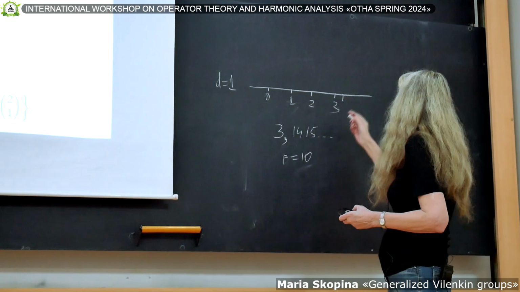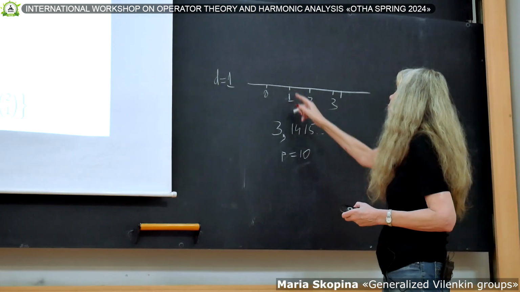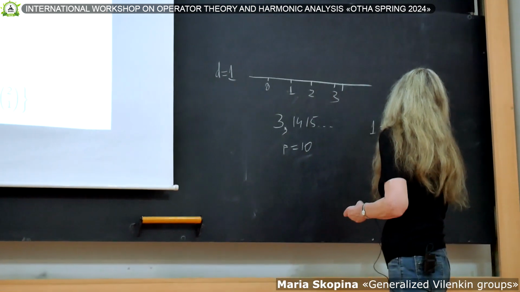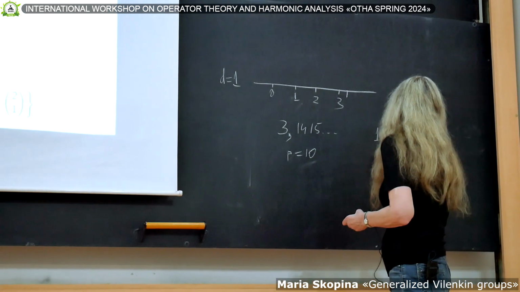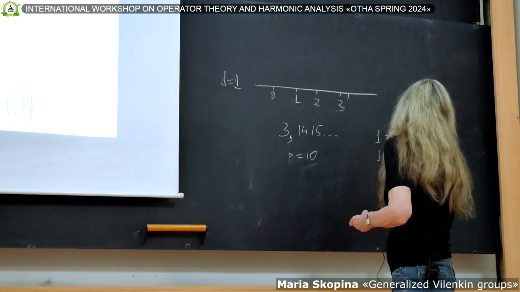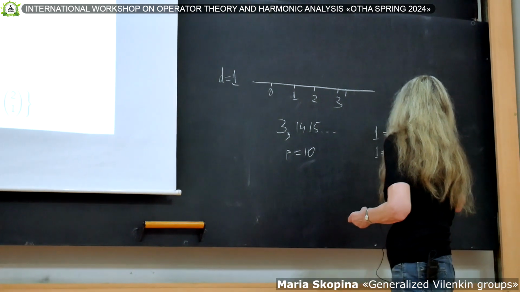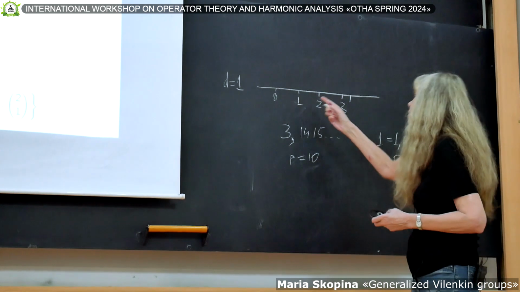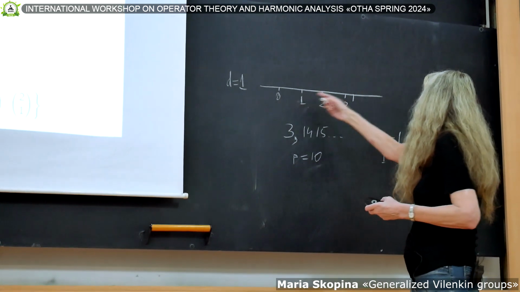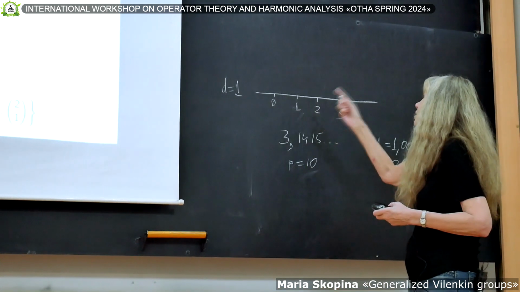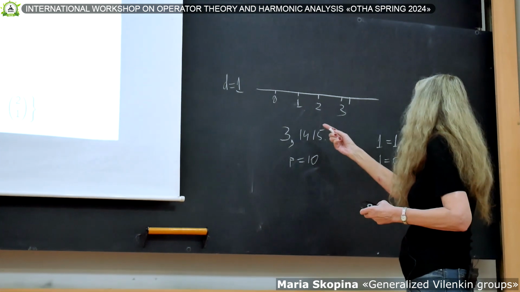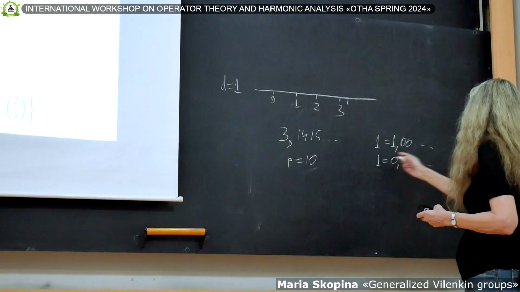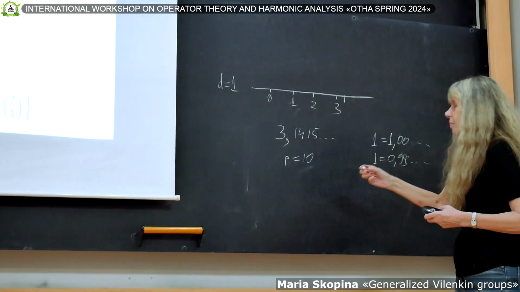And there is only one difference: the point 1 may be written as 1, 0, 0, 0, or 1 is equal to 0, 9, 9, etc. And this is just the difference between the half-line and the classical Vilenkin group. Something should be deleted.